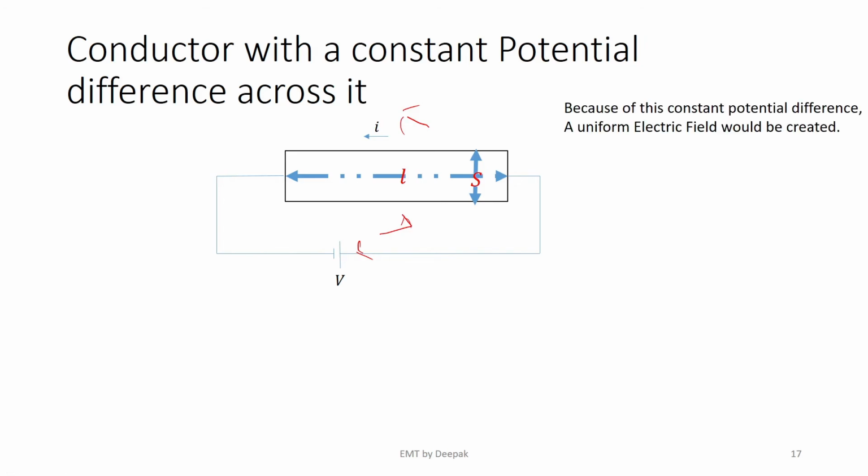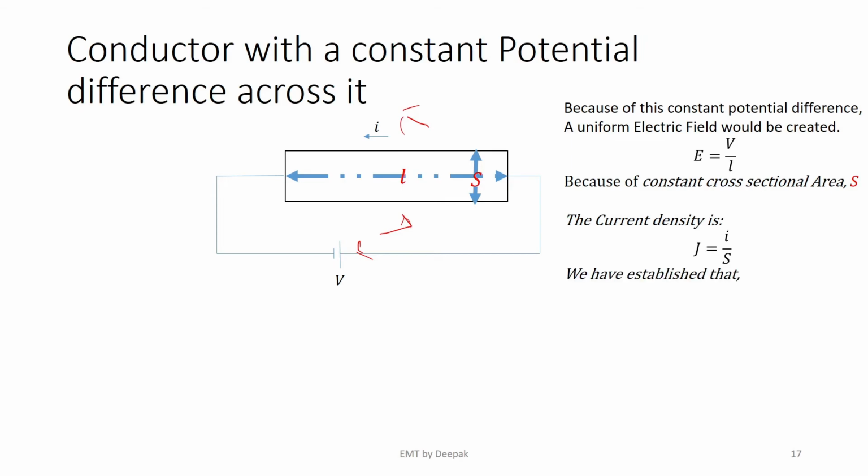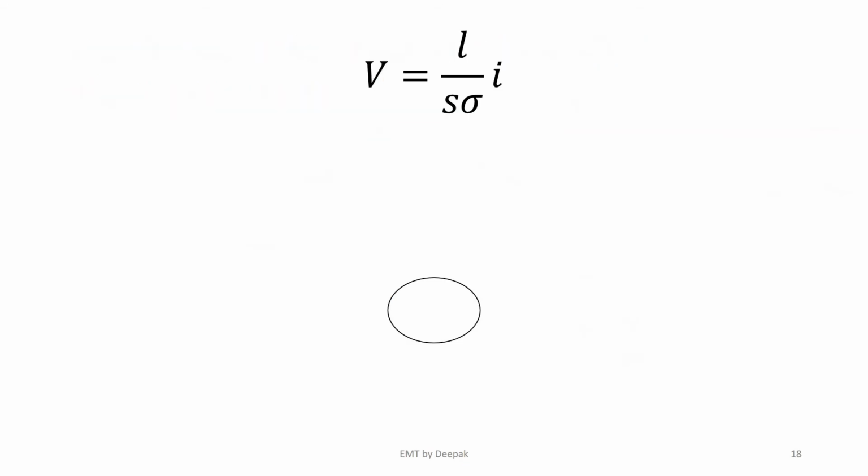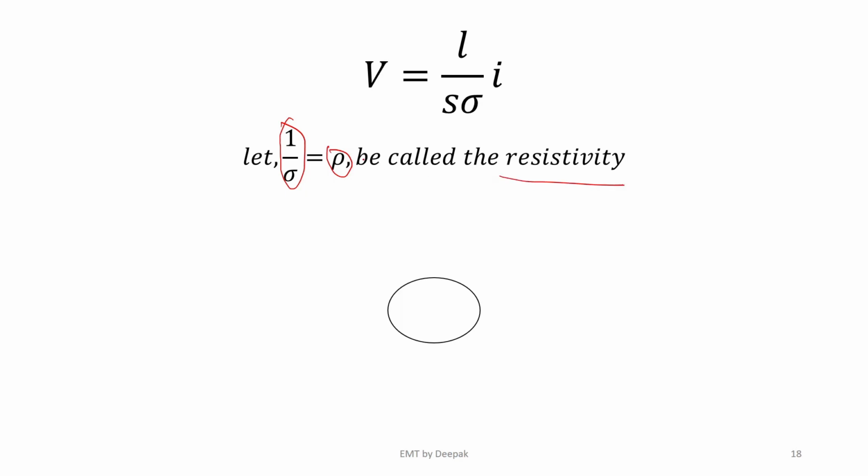Because of this constant potential difference, a uniform electric field would be created, where the relationship between the electric field and the potential is E equals V by L. Because of the constant cross-sectional area, the current density is J equals I by S. We have already established that J equals sigma E. Using that, I by S equals sigma times V by L. So V equals L by S sigma times I. Let us rename 1 by sigma, the inverse of conductivity, as rho, and call it resistivity.